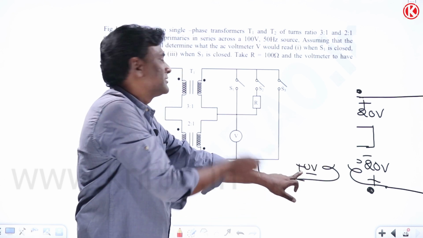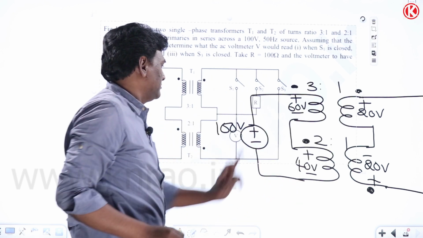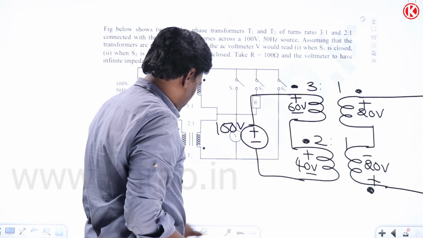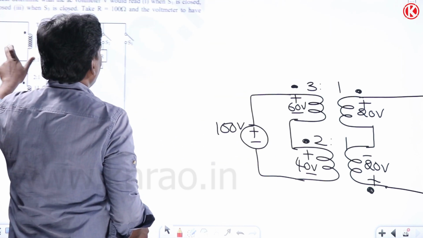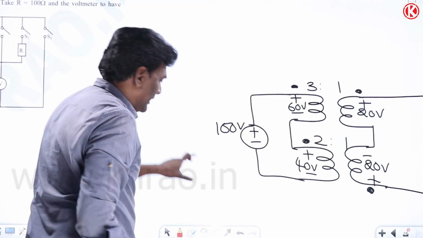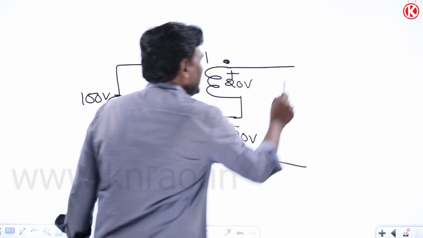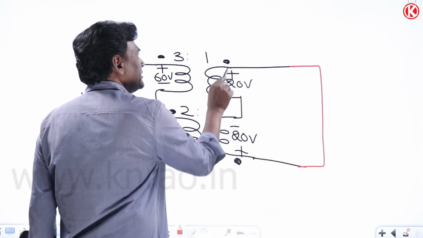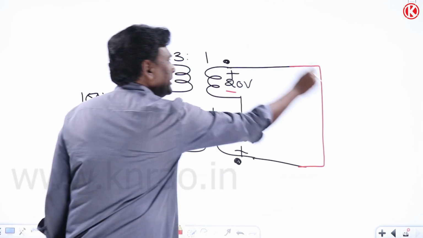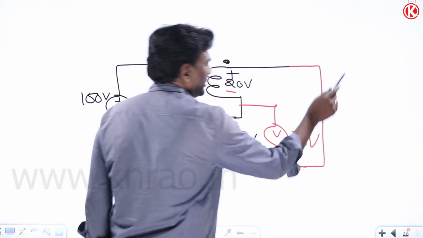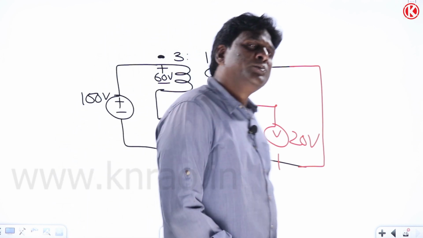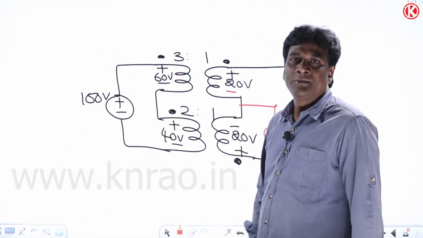That point we already discussed, right? When S3 is closed, at the starting only we discussed, right? When this is closed, plus minus 20, net is going to be, nothing is going to happen. When you connect the voltmeter here, it is going to read 20 volts. Okay, such beautiful problems, all the best.